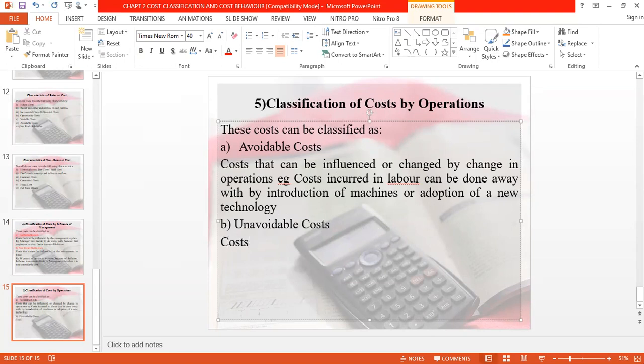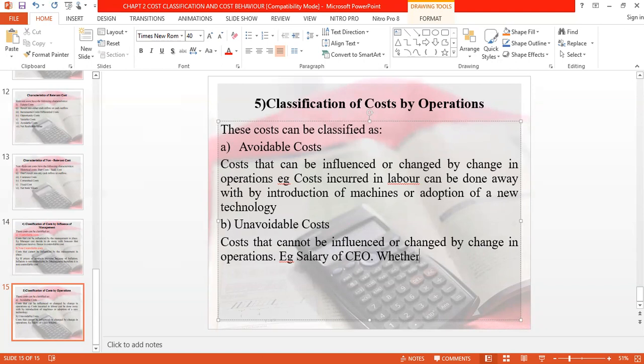On the other hand, what are unavoidable costs? These are costs that cannot be influenced or changed by change in operations. For example, the salary of the CEO.